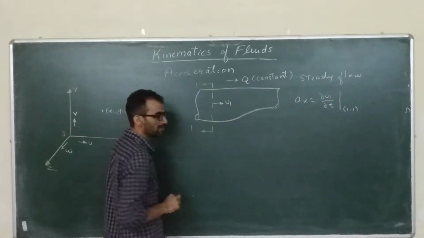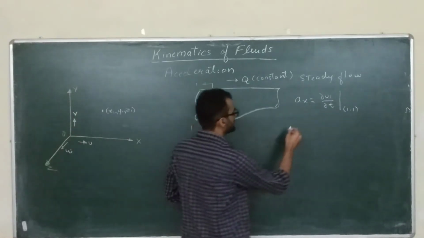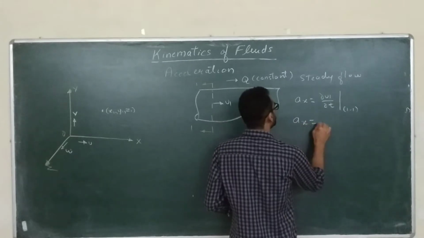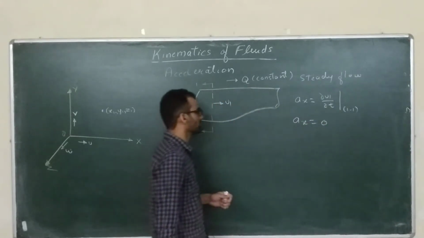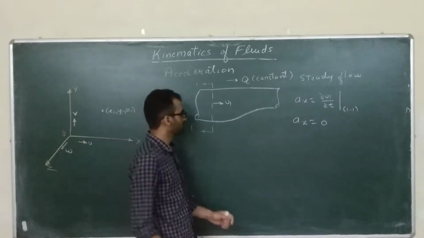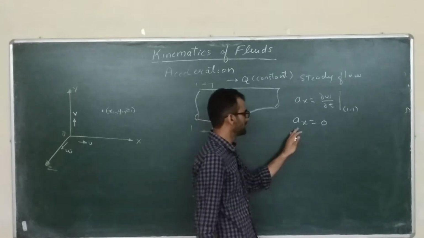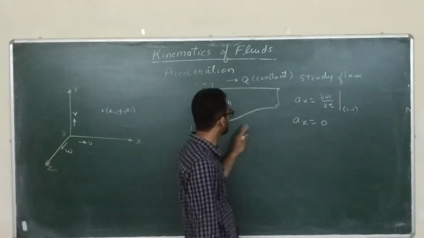At a particular location, the flow properties will not change with time. So effectively it means that the acceleration is 0. So when we apply our previous knowledge of finding acceleration, we end up with a value of 0 acceleration in this particular case.